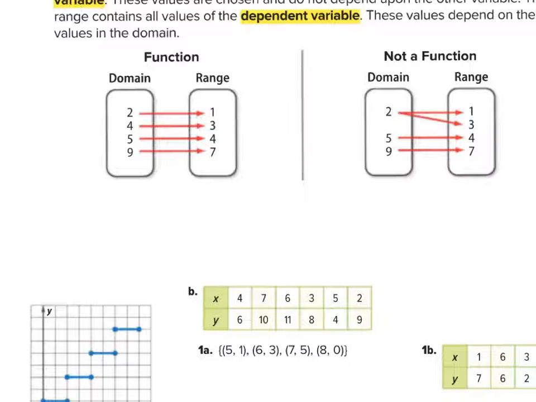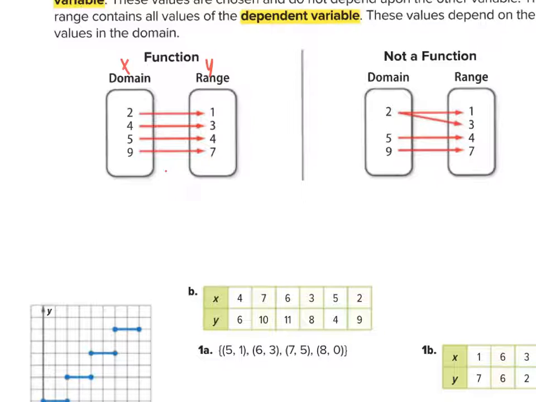I want to take a look with you at a few examples, look at our x's and y's, and check to see if these are functions. Before we check, I also want to break down what these little tables actually mean. My domain is my x's, and my range is my y's.